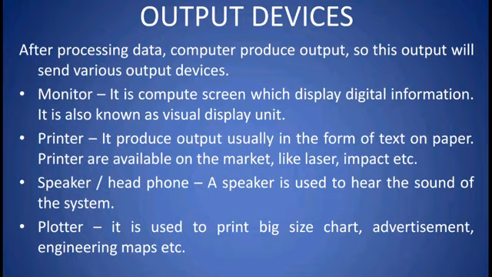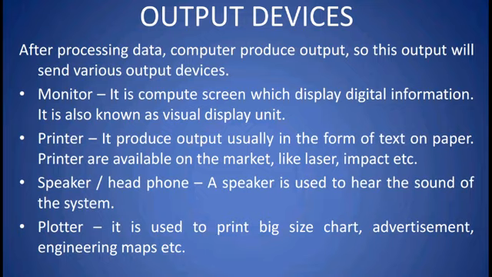The next output devices are speaker and headphone. A speaker means we can spread the voice here and there, and with a headphone only one person can listen to the computer output. So speaker is used to hear the sound of the system. Plotter is also a printer, but a special printer.